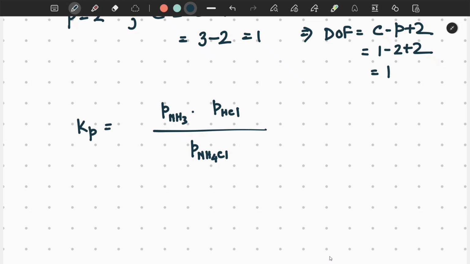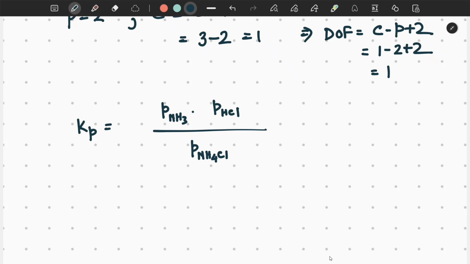Yes. So just see, one restriction is arising due to the equilibrium, which is given by the temperature. That is 1 degree of freedom. When you fix the temperature, automatically you are fixing the Kp. And at equilibrium, Kp should be equal to this.